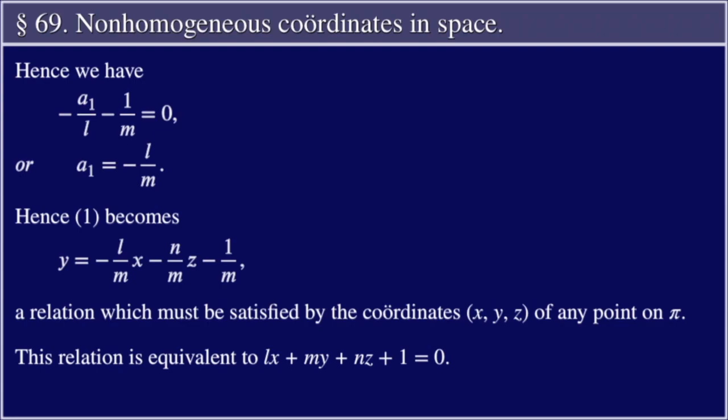Hence, 1 becomes y equal negative L over m times x minus n over m times z minus 1 over m, a relation which must be satisfied by the coordinates x, y, z of any point on pi. This relation is equivalent to Lx plus my plus nz plus 1 is equal to 0.